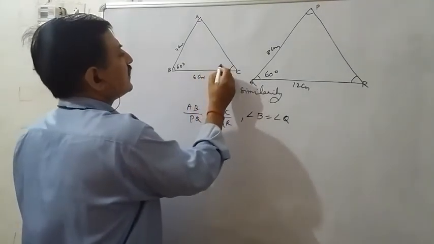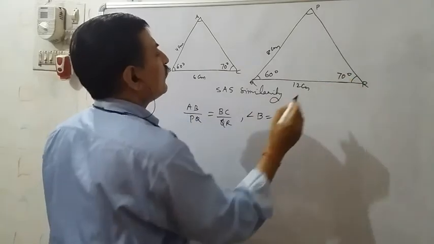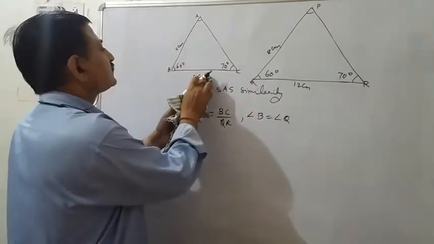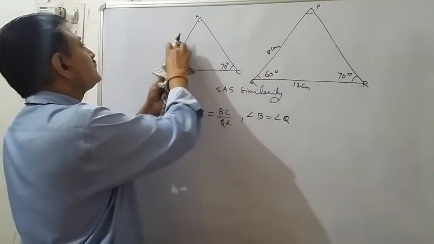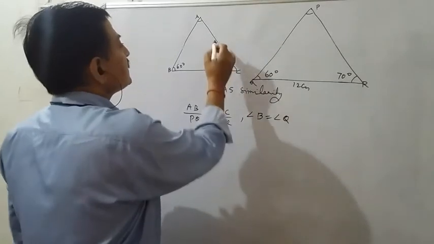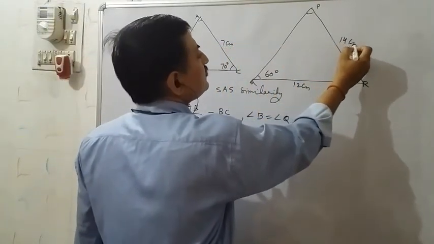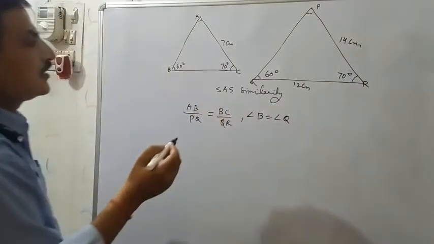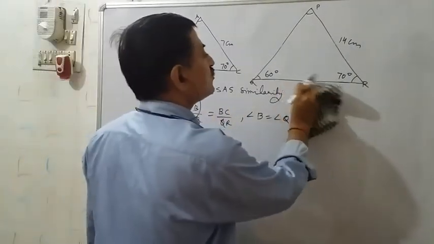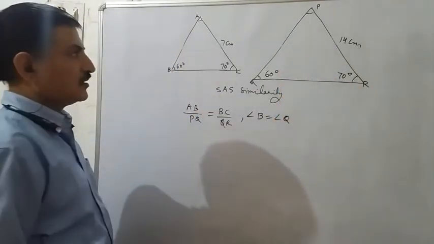Now one more similarity is AAS. AAS says that suppose this is 60, 70 and this is also 60, 70, and one side is given, not in between. Suppose this is 7 centimeters and this is 14 centimeters. Then also they will be similar, because two angles are equal and the one side is in proportion.